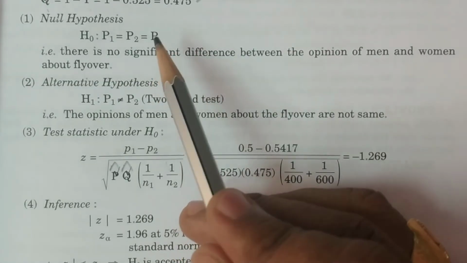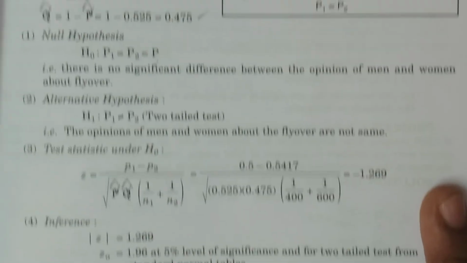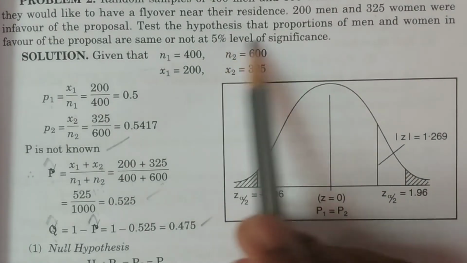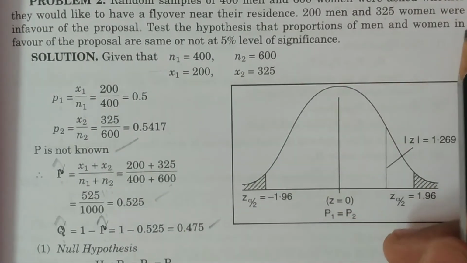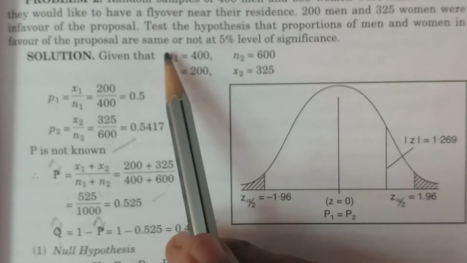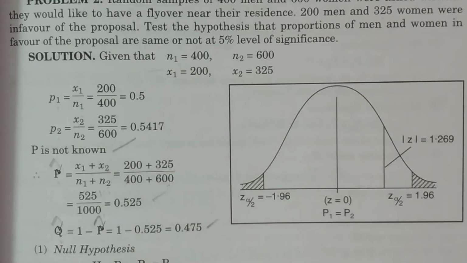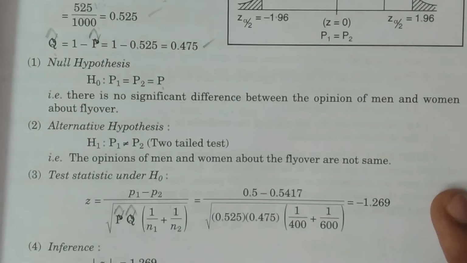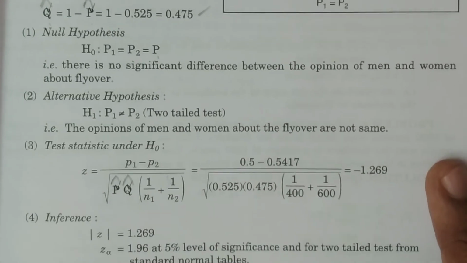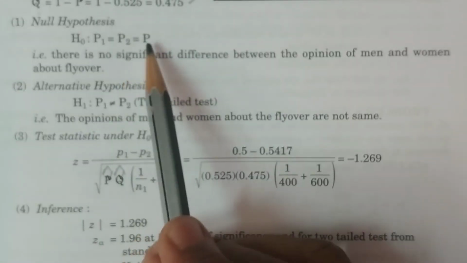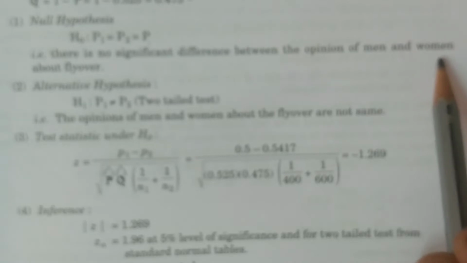What is the statement you have to test? You see here: test the hypothesis that proportions of men and women in favor of the proposal are same or not. We have to consider same in the null hypothesis and not same in the alternative hypothesis. So the first point, null hypothesis, H naught: P1 is equal to P2 is equal to P, in which there is no significant difference between the opinion of men and women in favor of the proposal.